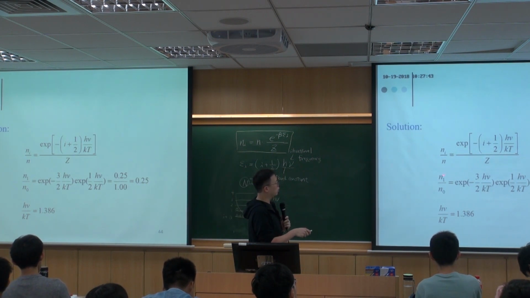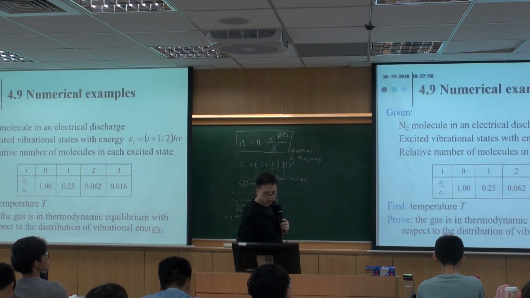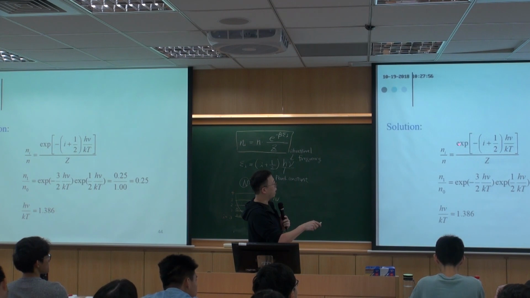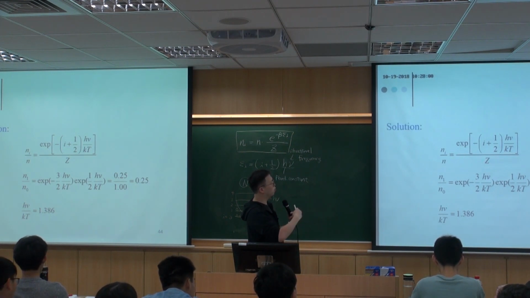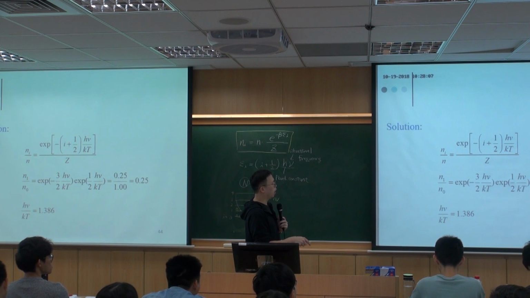So for the first energy level, N1 over N0, this exponential term will remain, but like I just mentioned, the partition function will cancel out if you just want to compare the ratio between these two energy states. So eventually you'll have something like this.